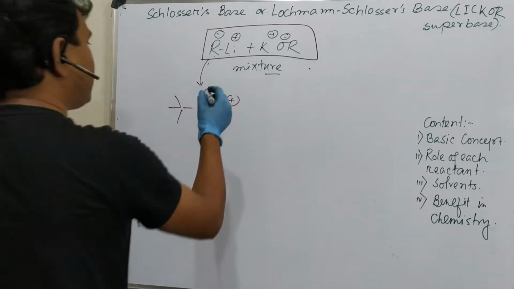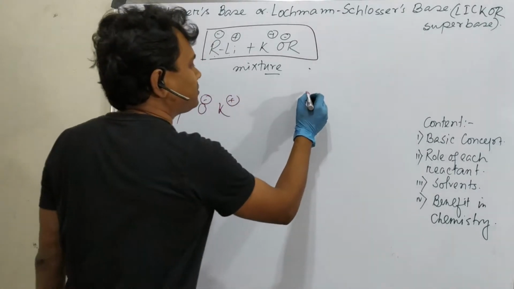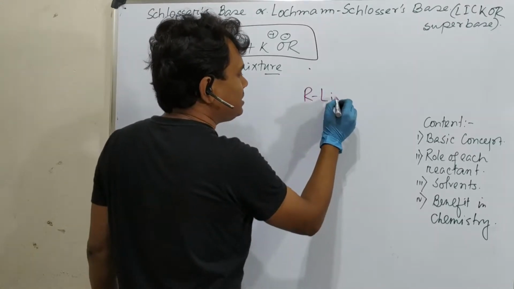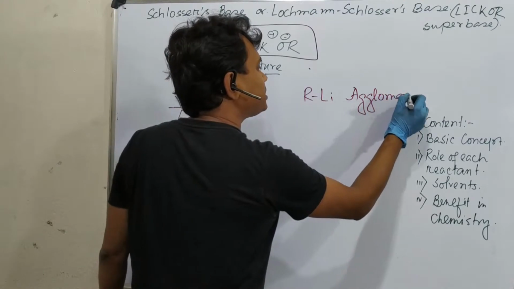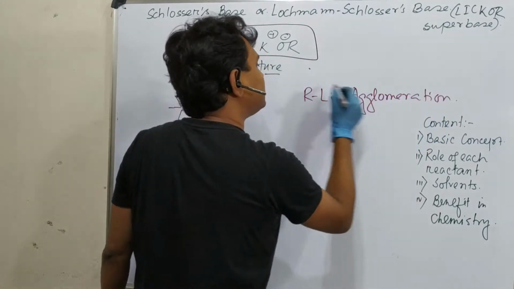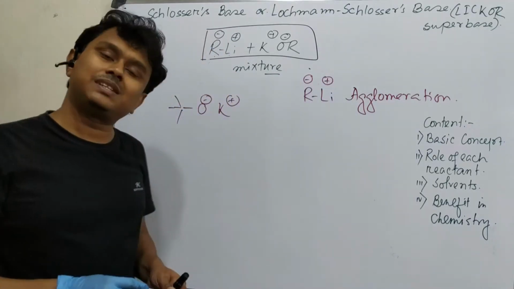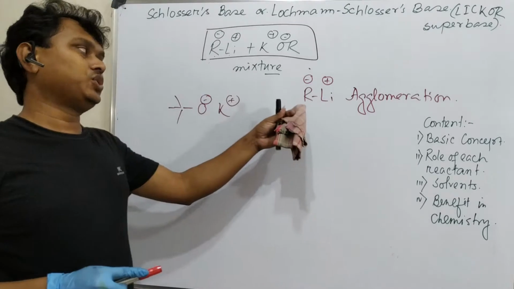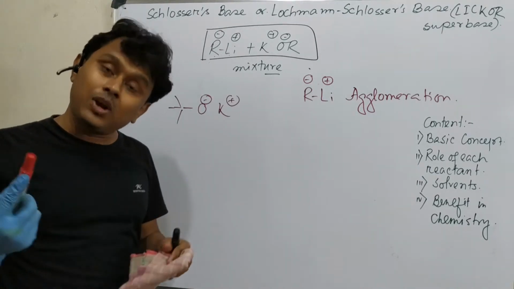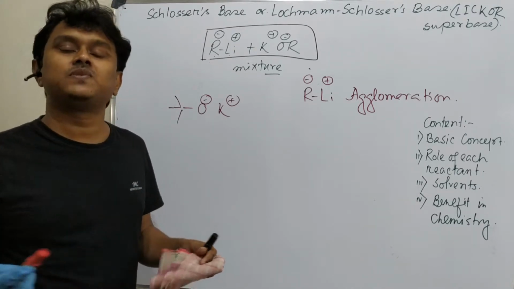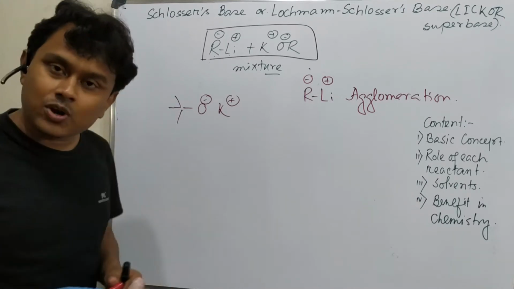That comes because of the agglomeration of alkyl lithium. In this context I want to mention that I have previously uploaded a lecture about the agglomeration of butyl lithium and their deagglomeration, or monomer formation, using a chelating ligand such that activity increases. So this remains in agglomerated form.